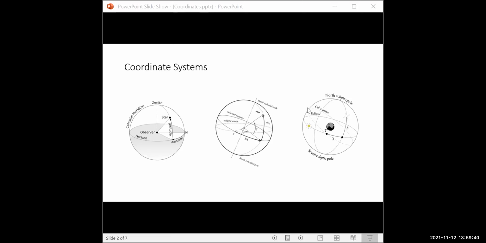East is 90 degrees on your right, and west is 90 degrees to your left. We use the horizon as the reference plane. If you are looking at any star or object, you draw a great circle from zenith through the star to the horizon, and the angle which that object makes with the horizon.